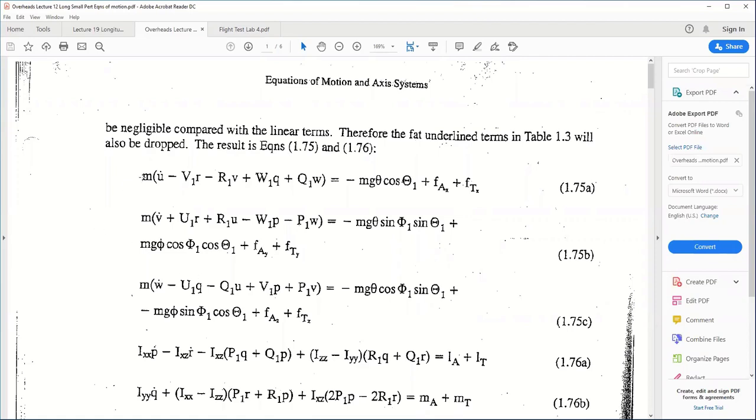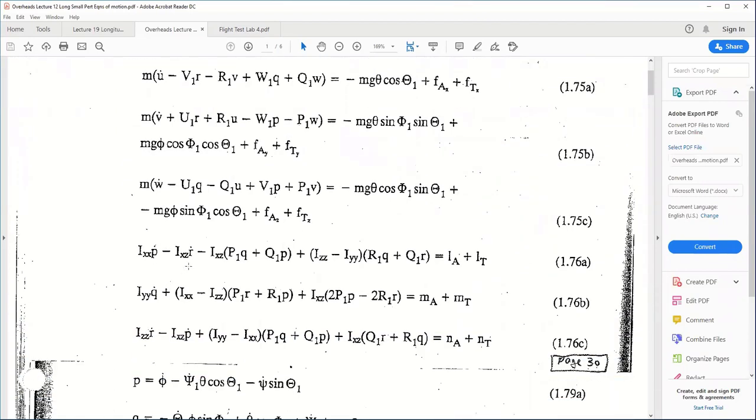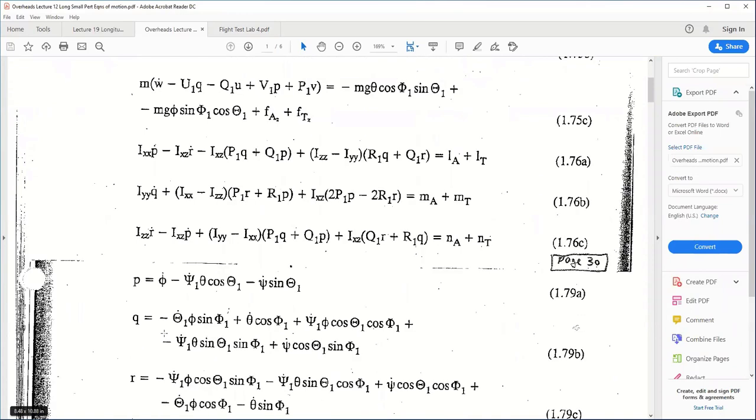We have the x force equation, the y and the z, the roll, pitch, and yaw, and then the three kinematic equations. And these are perturbed about a steady state flight condition, U1, V1, W1, P1, Q1, R1, psi1, theta1, phi1. And then we've already done this before, but we'll just walk through it again.